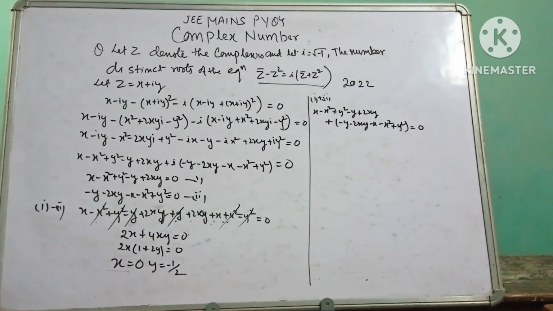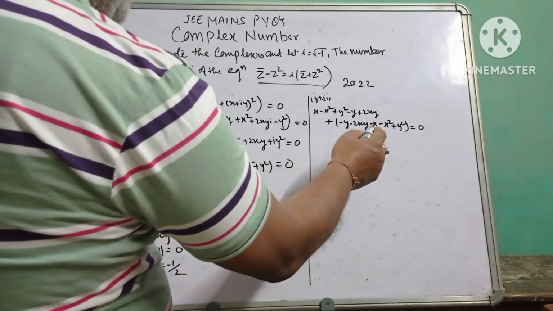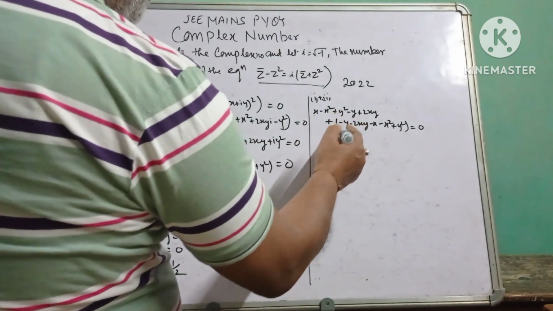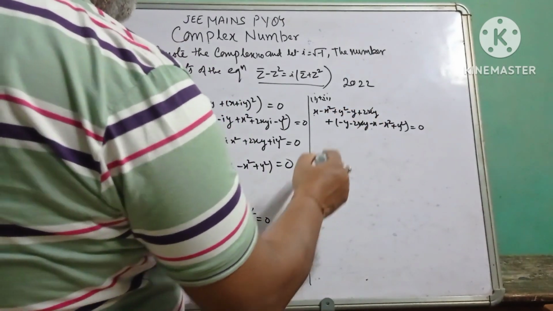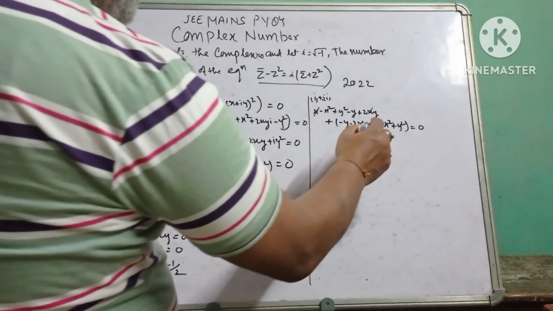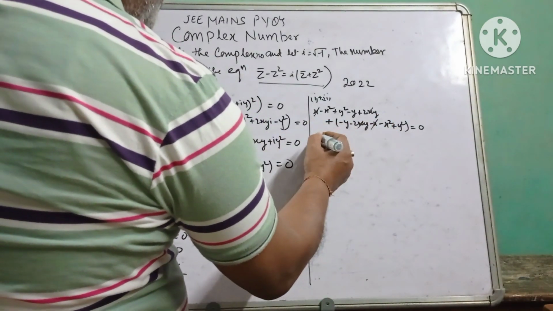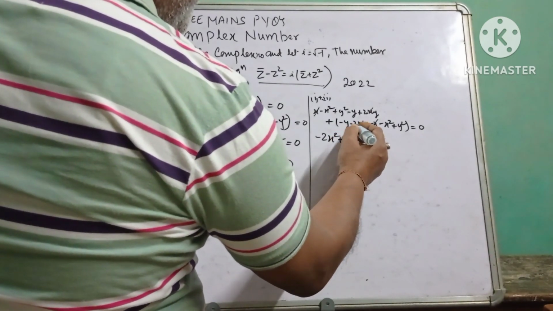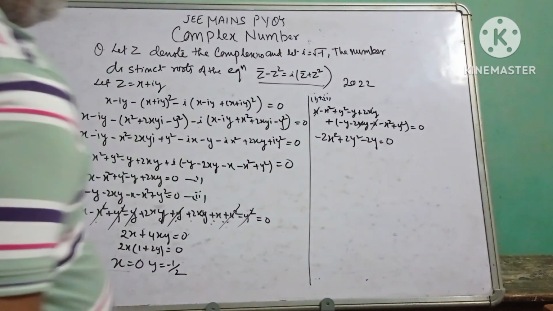If we add these two equations, from here what do we get is that you see x cancels out, and again here only x cancels out, and this part cancels out, and the rest, that means you are going to get minus 2x square plus 2y square and minus 2y equal to 0.